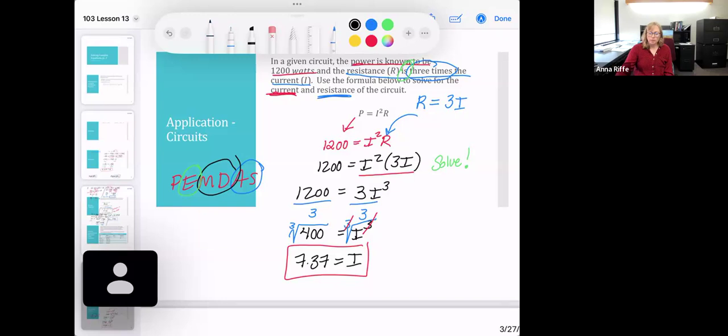And I can do that using the formula I found earlier, how the resistance and the current are related. So resistance is equal to 3 times that current, 7.37, except I am going to use the unrounded version, that version that's still in my calculator, because I might get too much of an error if I don't use the unrounded version.